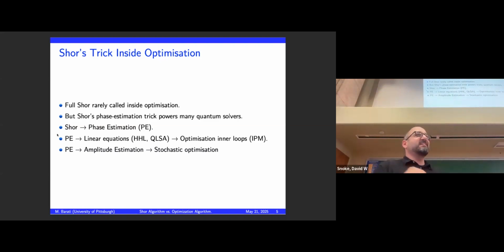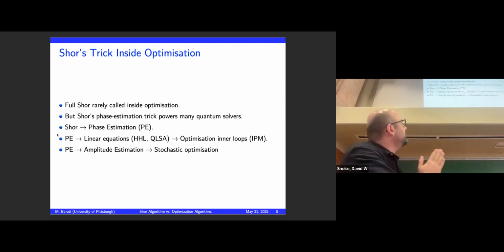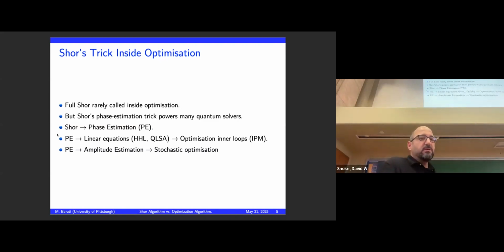So we cannot say that quantum computing for optimization is better than classical, or classical better than quantum. But I just wanted to mention, based on the topic of the panel, that Shor's tricks have been used inside optimization, as a subroutine of optimization problems, but the full Shor algorithm is rarely called in optimization problems.